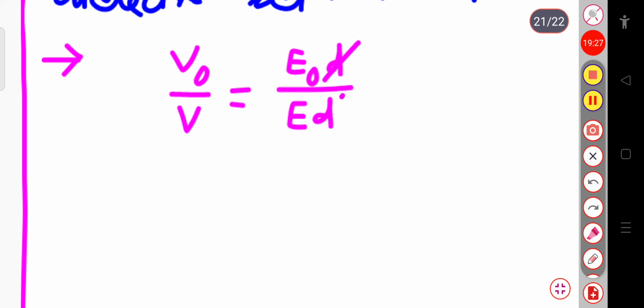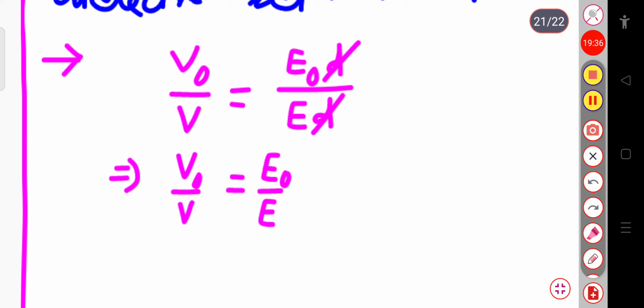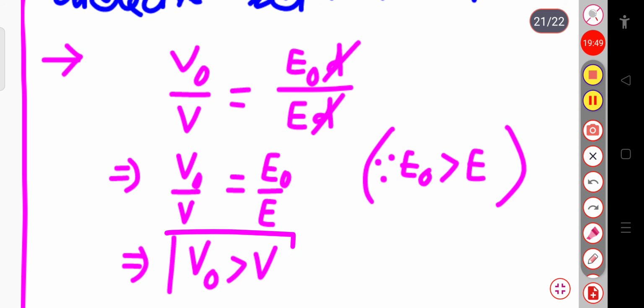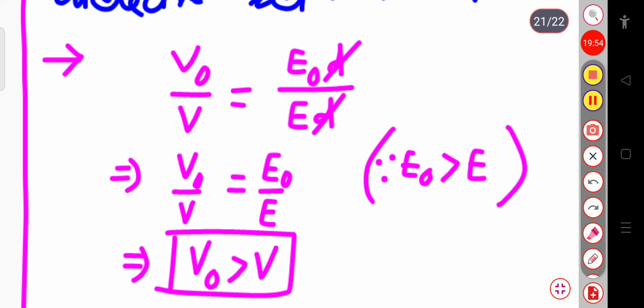That implies V naught divided by V is equal to E naught divided by E. And again we know E naught is greater than E, so V naught should be greater than V. Here we conclude that when you introduce a dielectric slab between the parallel plate capacitor, its potential difference decreases.